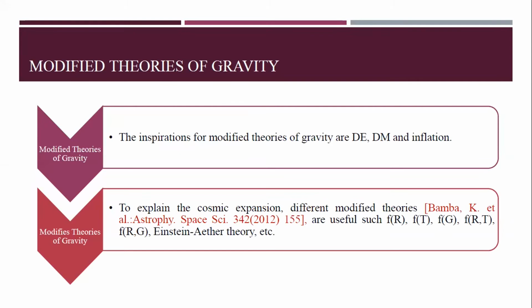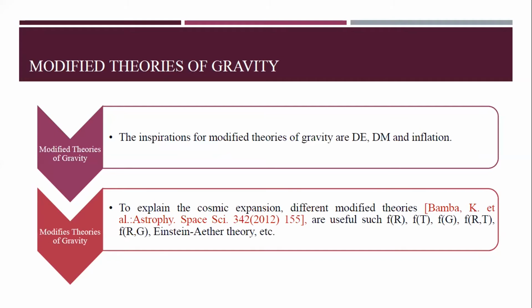In order to explain cosmic acceleration in the presence of dark energy, there are different views and proposals. First one is modified theories of gravity, and second one is dark energy models.